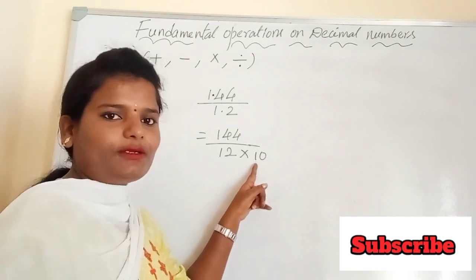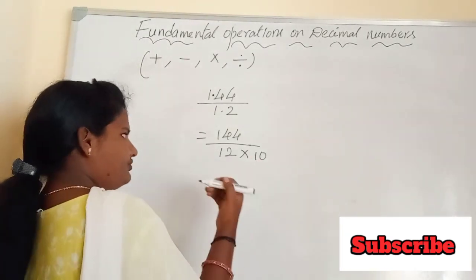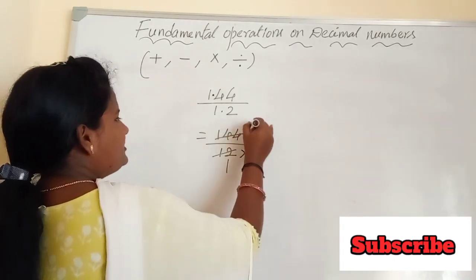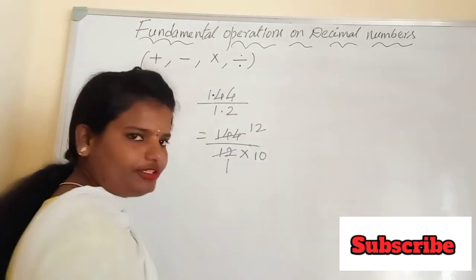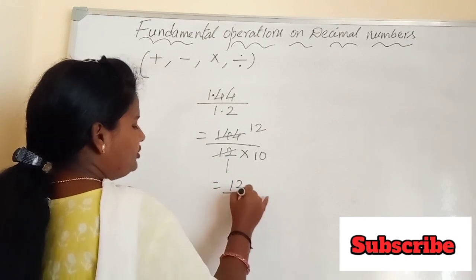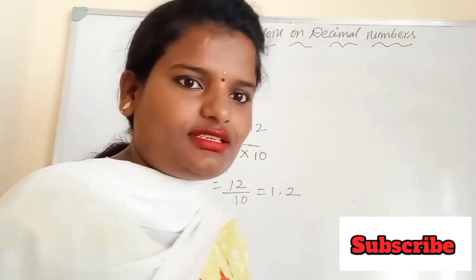So we take it into 10. Now how will we do the normal division? 12 ones are 12 and 12 twos are 24. So 12 by 10 we will get. 12 by 10 is nothing but 1.2, that is the answer, right?